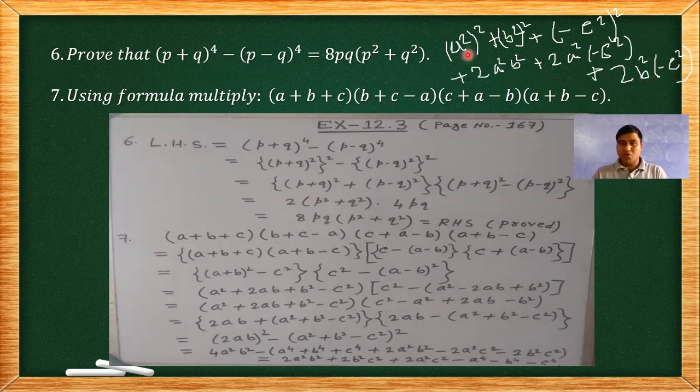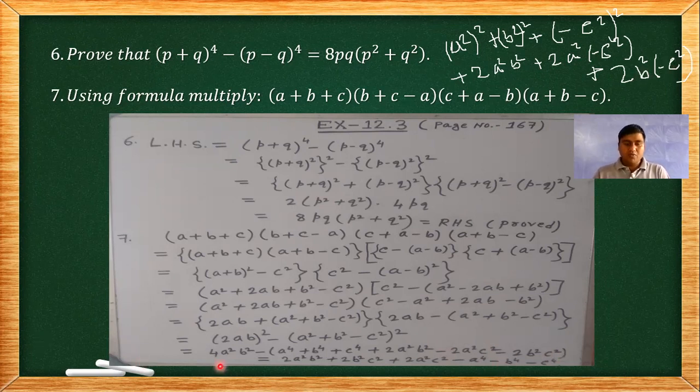So (a square) whole square is a to the power 4, (b square) whole square is b to the power 4, (minus c square) whole square is plus c to the power 4, plus 2a square b square, minus 2a square c square, minus 2b square c square.